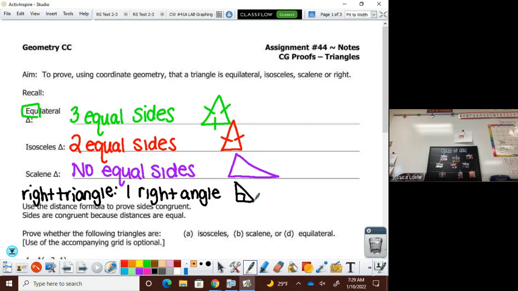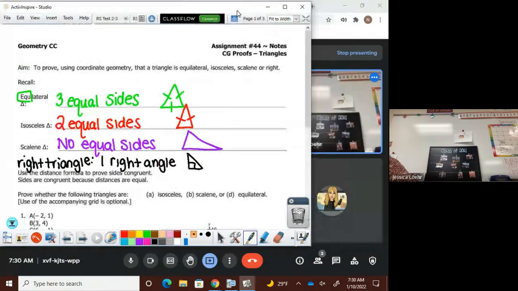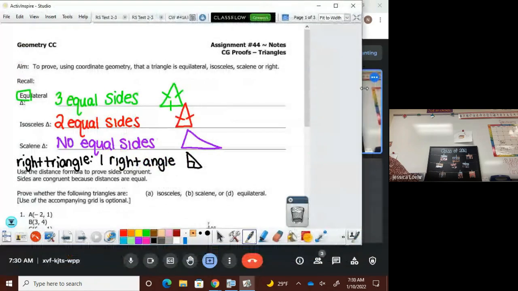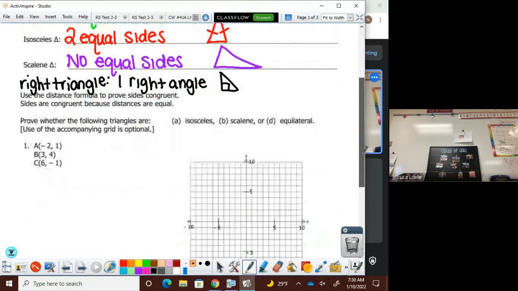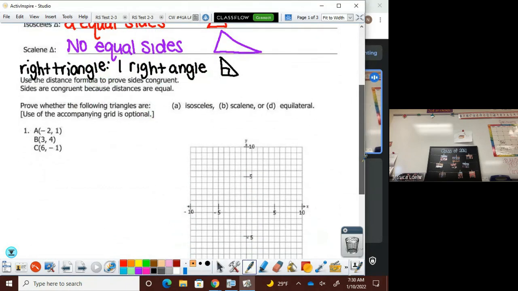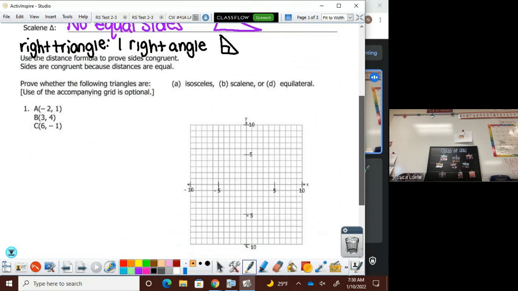So when you're proving different types of triangles, you're going to use the distance formula to prove that different sides are congruent, because the distance formula tells you the length of different sides. So the first problem says prove whether the following triangles are isosceles, scalene, or equilateral.